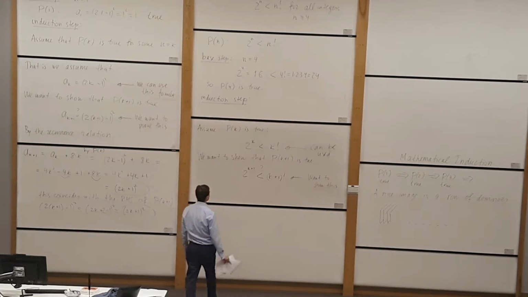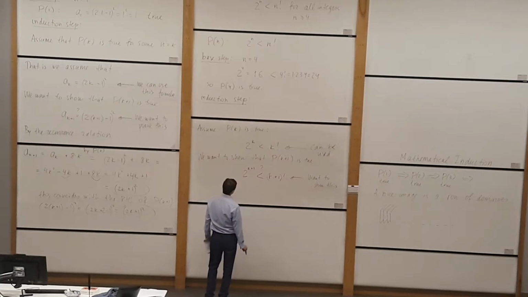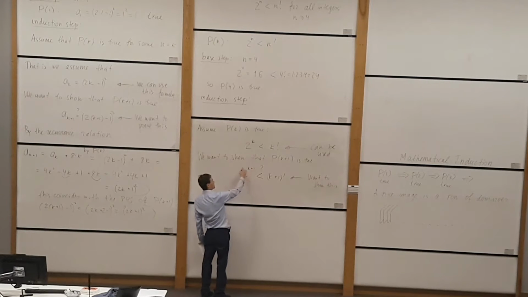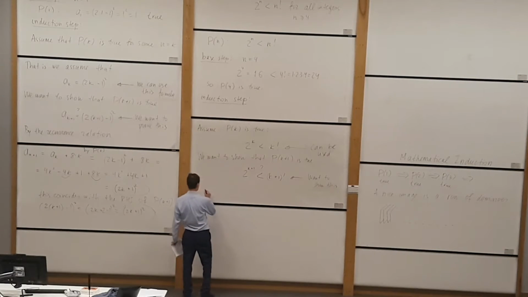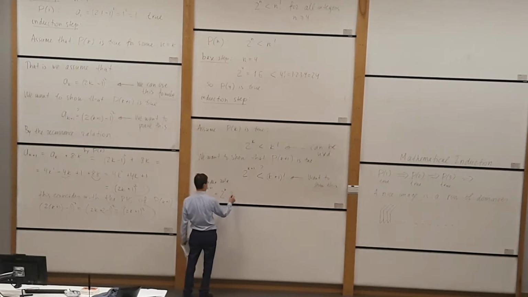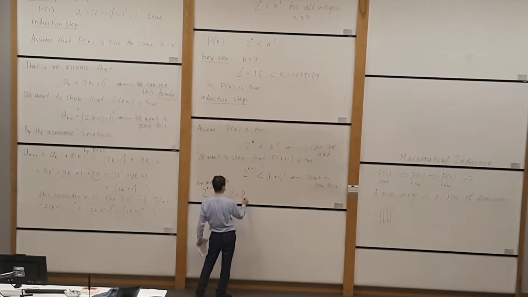Nothing else is given. So I'm going to start with the left-hand side of this formula I want to show. I'm going to use the index rule. By the index rule, 2 to the power k plus 1 is the same as 2 to the power k times 2 to the first power, which is the same as 2 to the power k times 2.